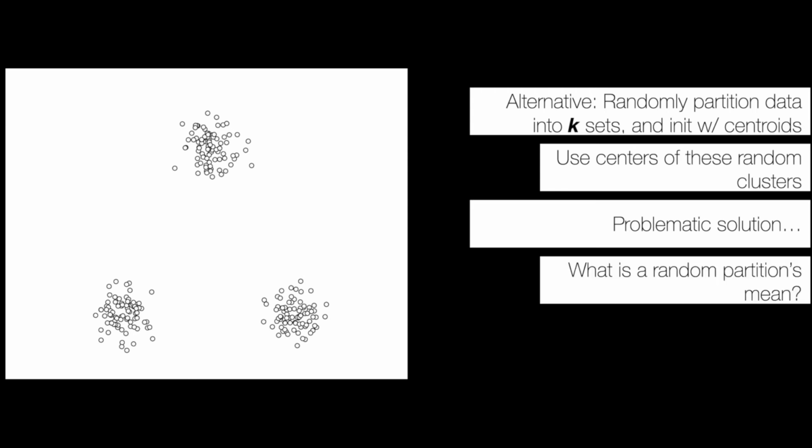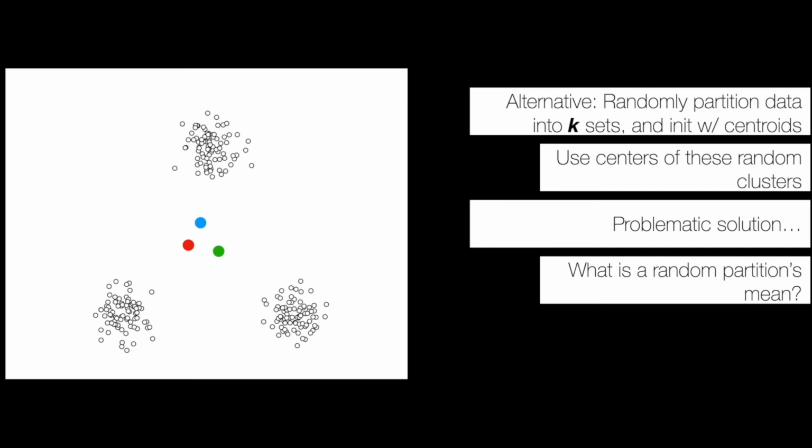There's a problem here. Namely, if you take random subsets of your data, essentially what you're doing is you're sampling your data set. So even if you take k different samples of your data, what is the expected average of a given sample? We would expect the average of a sample to be close to the average of the full data.